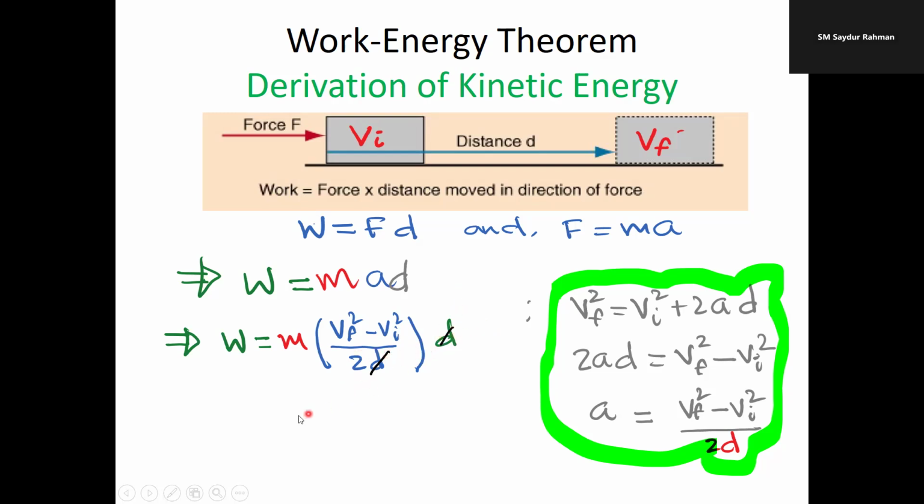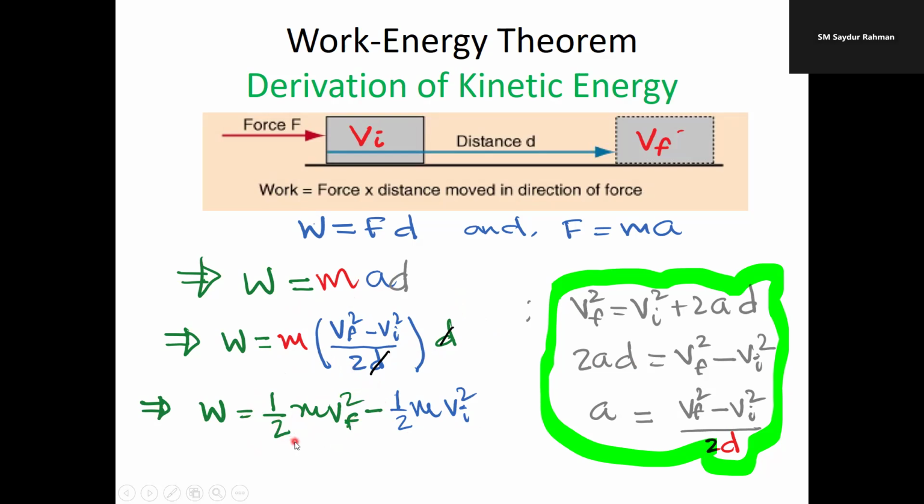If I now rearrange this equation, it becomes half m vf squared, this is the first term, and m multiplied by vi squared divided by 2, half m vi squared. The first expression is the final kinetic energy.